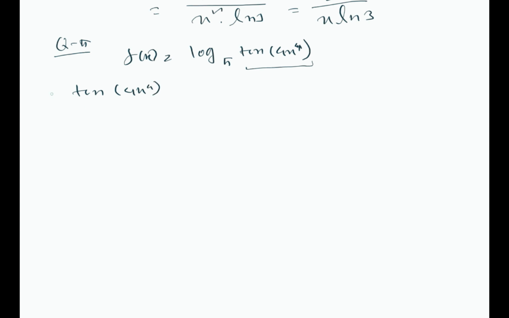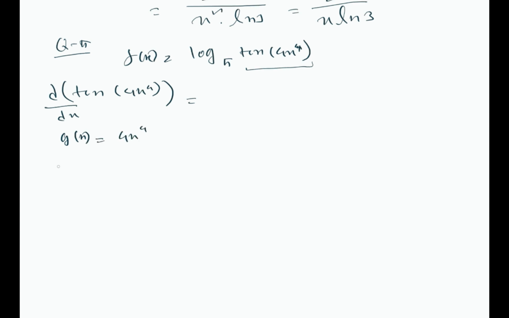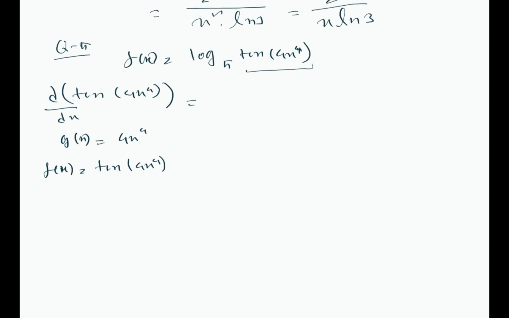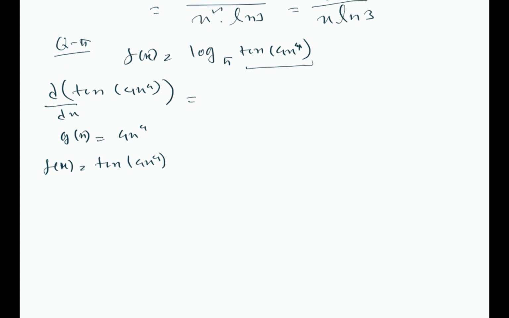So the derivative of this function: for this, the inner function is 4x to the power 4, right? And the outer function is tan of 4x to the power 4, right? So first we need to take the derivative of the outer function.